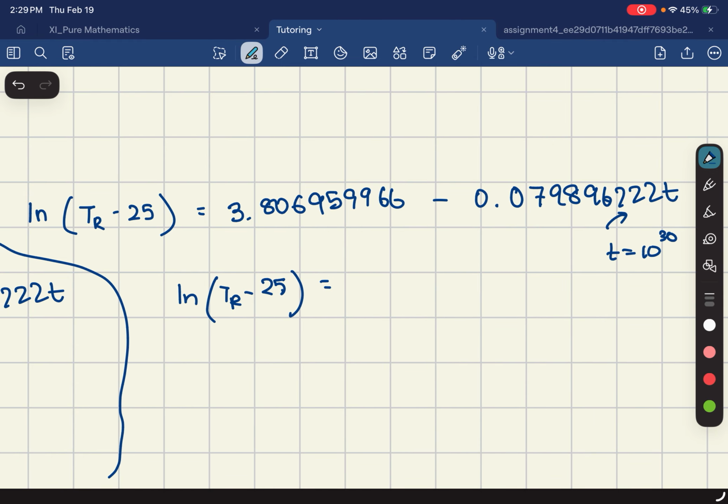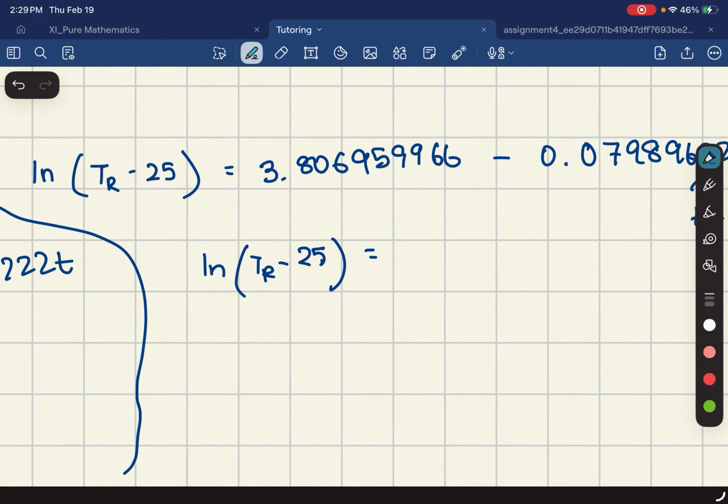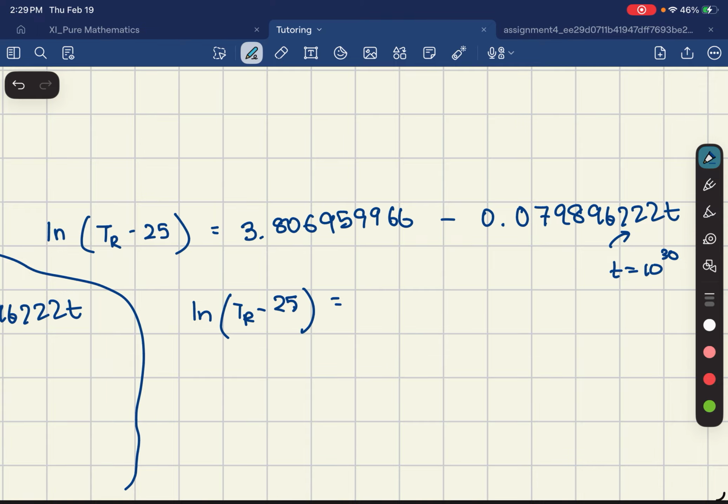Because if I let it rest for a very, very long time, then my cup of coffee, using the laws of physics, is going to attain room temperature. So now, if I try to solve the equation, 3.80 minus this huge number is going to be a very, very huge negative number. So I'm going to get negative 7.9896222 times 10 to the power 28. This very, very negative number.